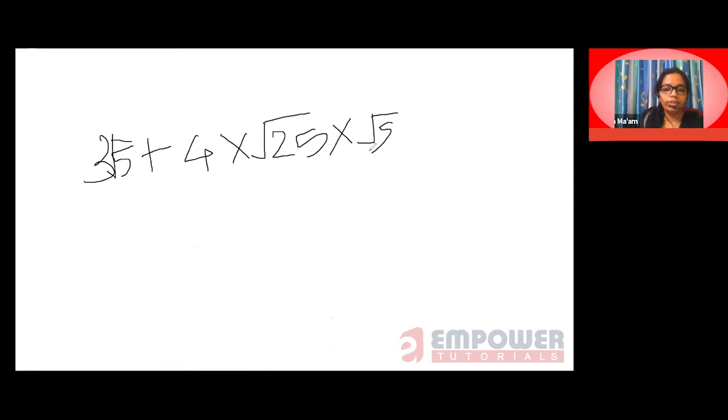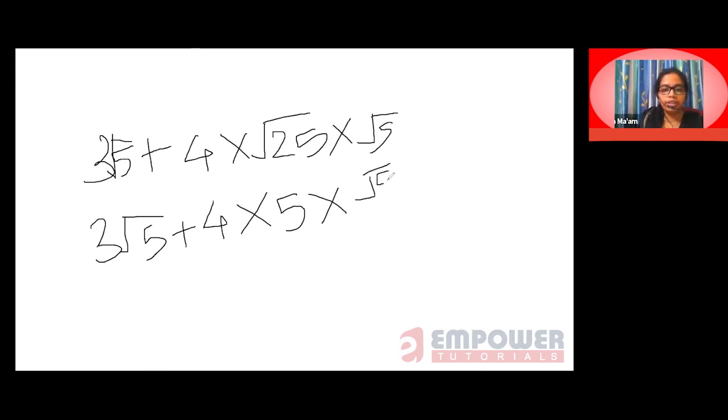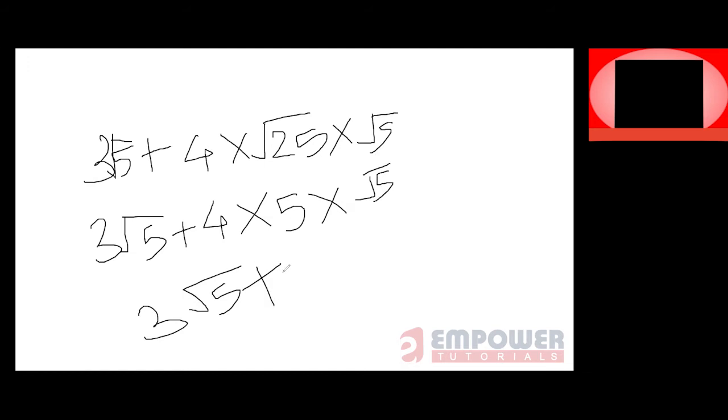I can write it down in this form because 25 is a perfect square, so root 25 is 5, into root 5. So this will be 3 root 5 plus 20 root 5.